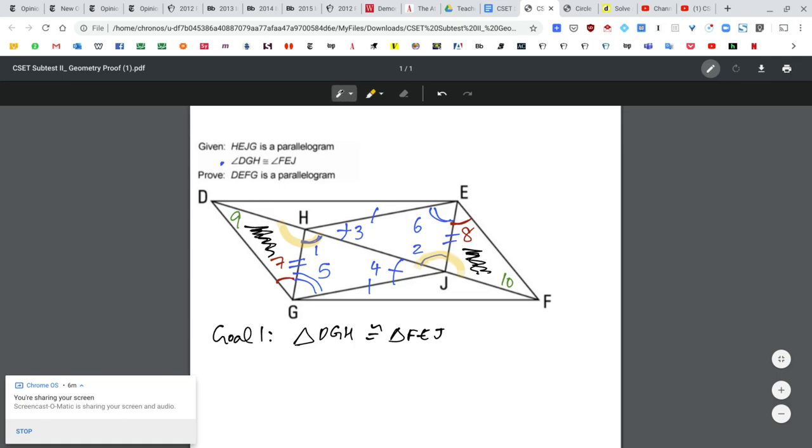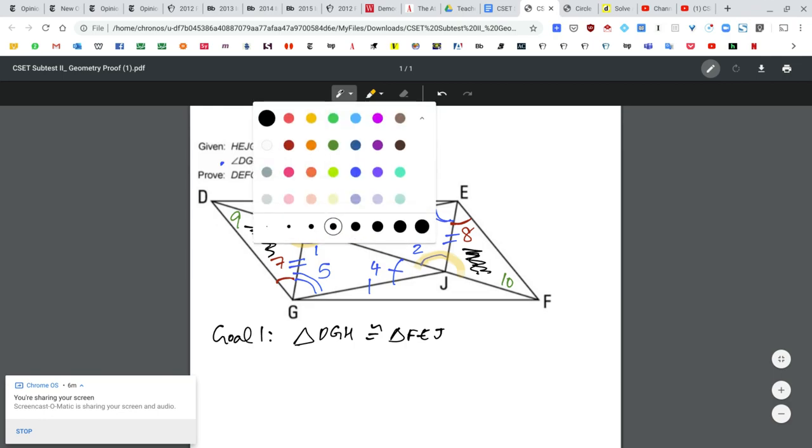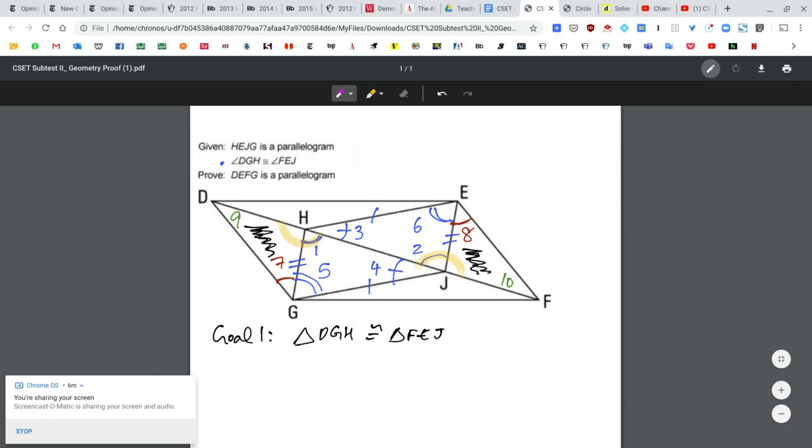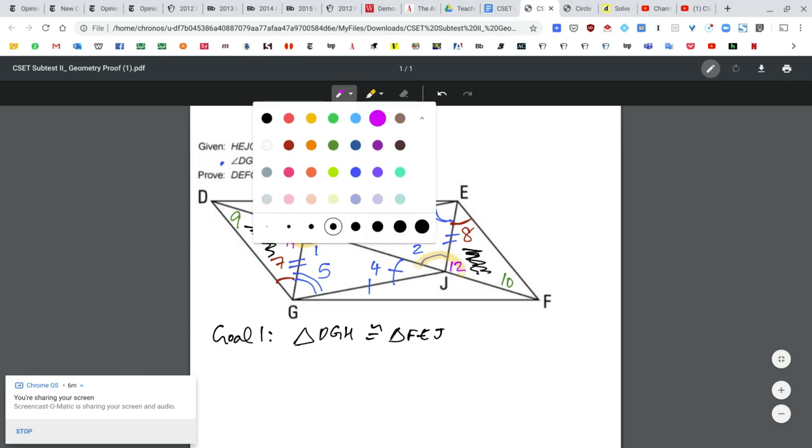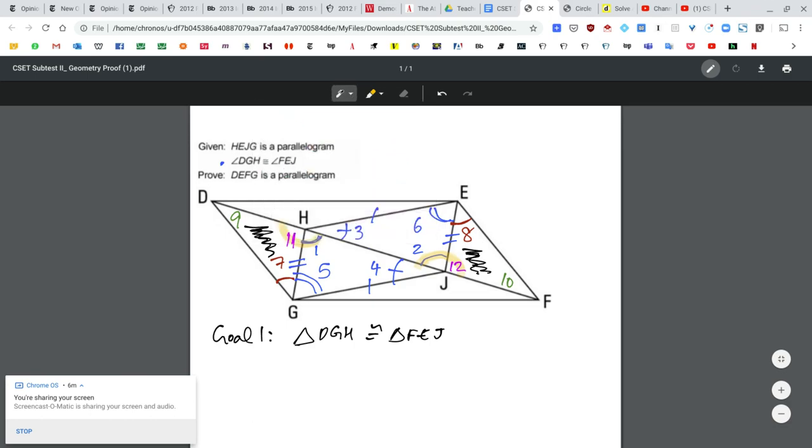Therefore I can show that angle 11 equals angle 12 very easily. So that'll be my starting point.